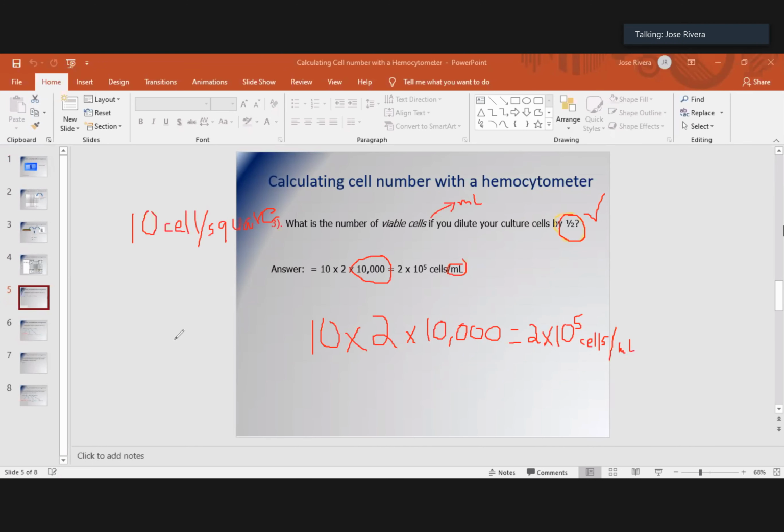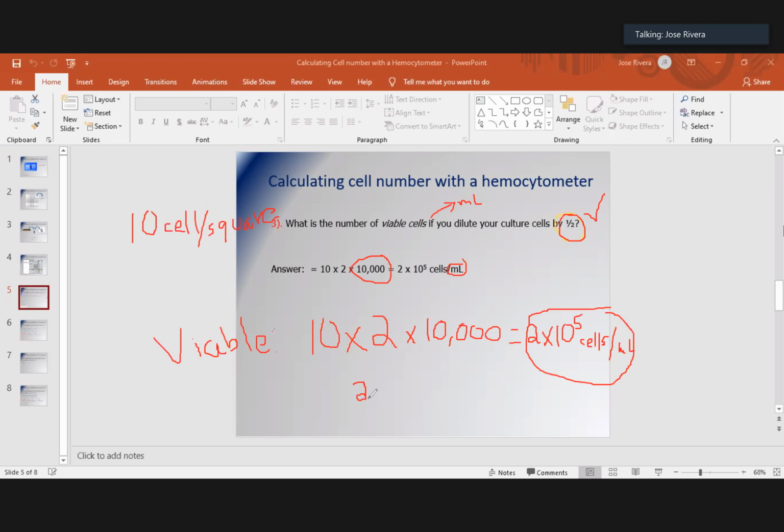And again, these are viable cells only. It's not asking you about dead cells. So these are viable cells, and this will be your answer. Okay, so in a quiz, if you want to write this number, you don't have to write all the zeros.